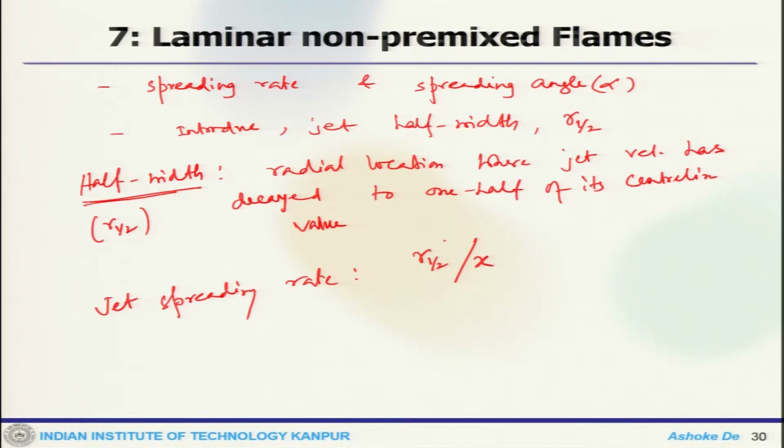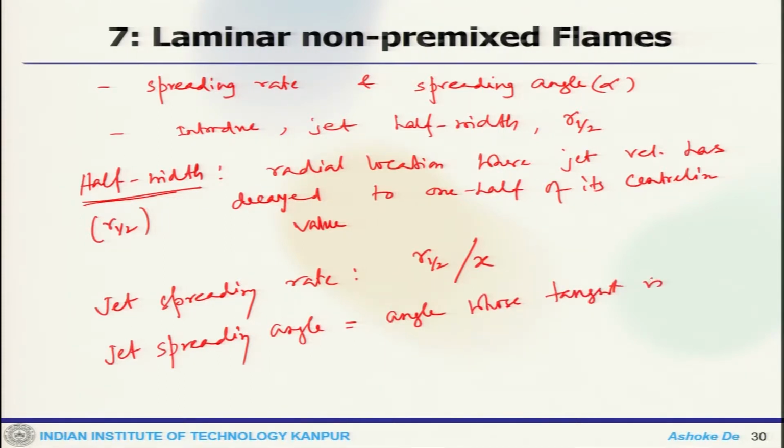So, one needs to find out the half width, and the jet spreading angle is the angle whose tangent is the spreading rate. So, the jet spreading rate would be R half by x, and the jet spreading angle would be the angle whose tangent is the spreading rate.